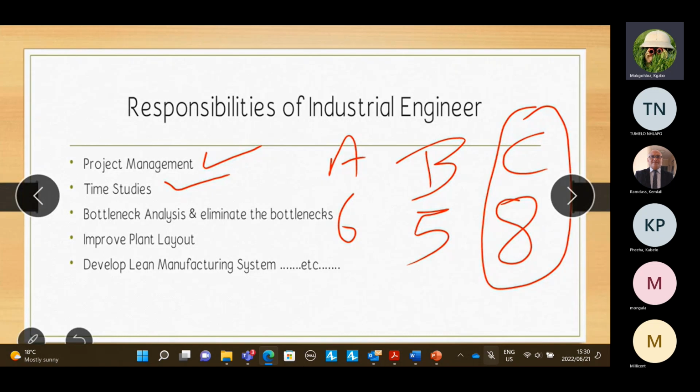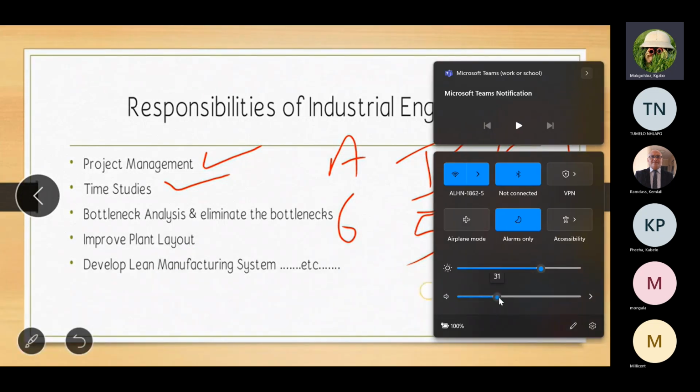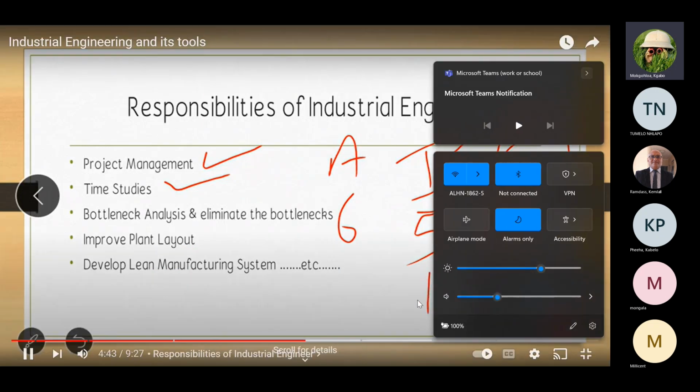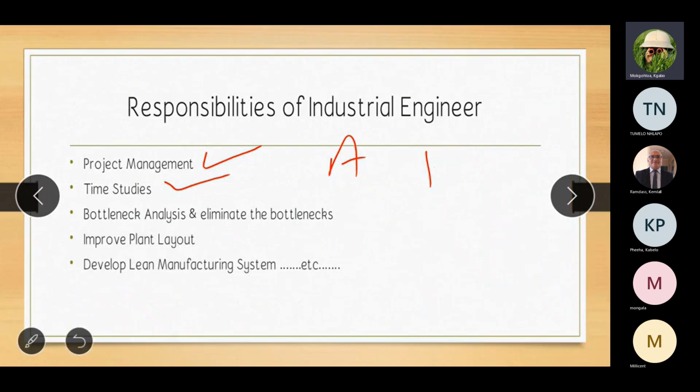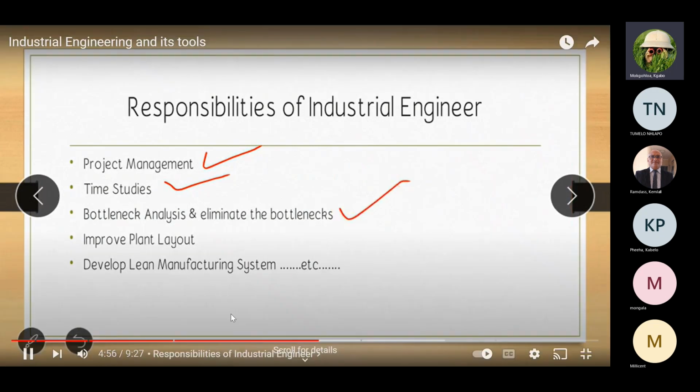So we have to eliminate it or balance it, like process B and process C should be merged, or we need to do something to balance this properly. So this is bottleneck analysis and eliminating the bottleneck. We will discuss the proper description in the next training.